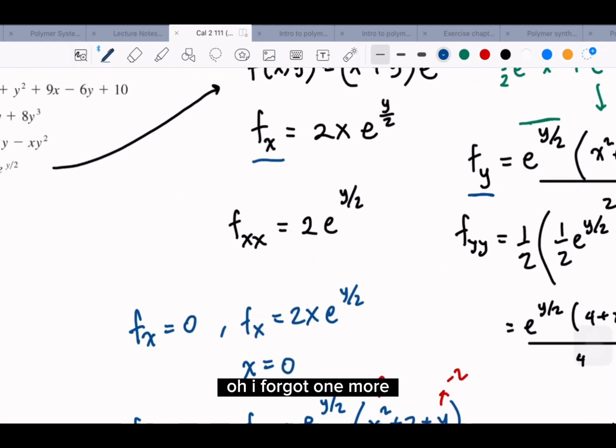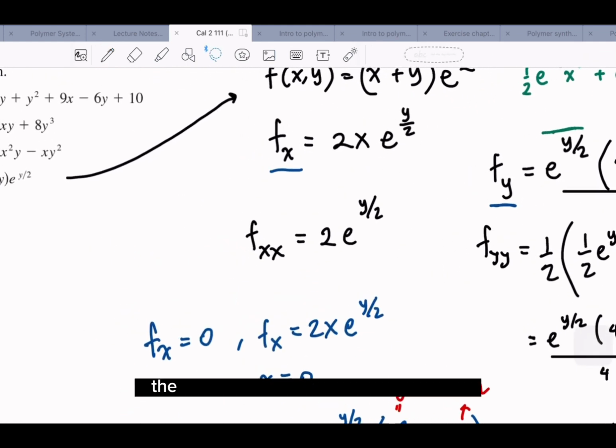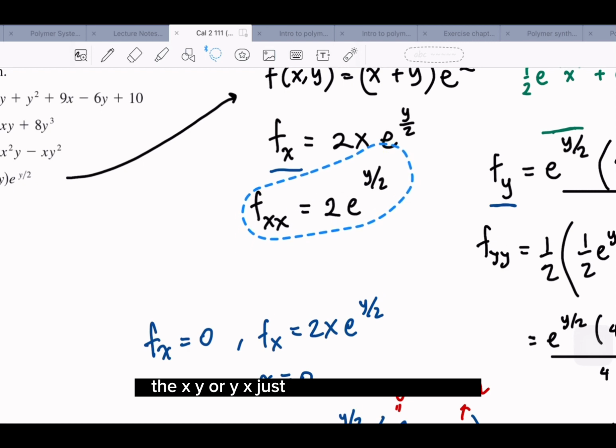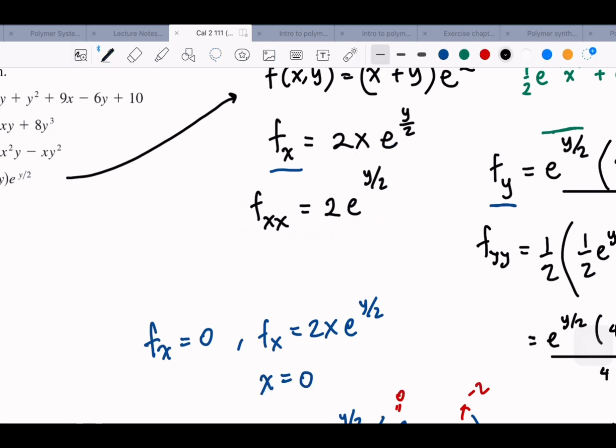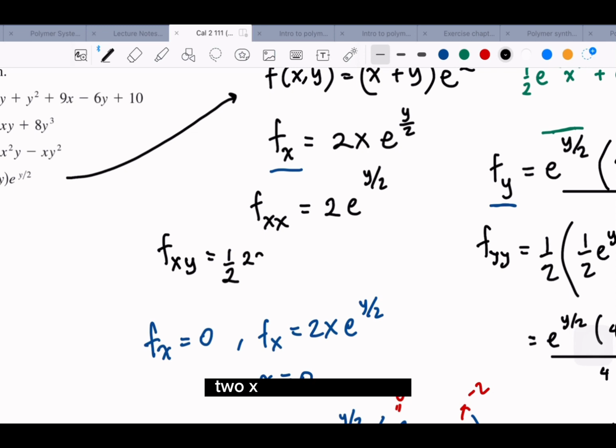Oh, I forgot one more. The xy or yx. Just right here, maybe take xy. So it will be half 2x e y over 2, right?